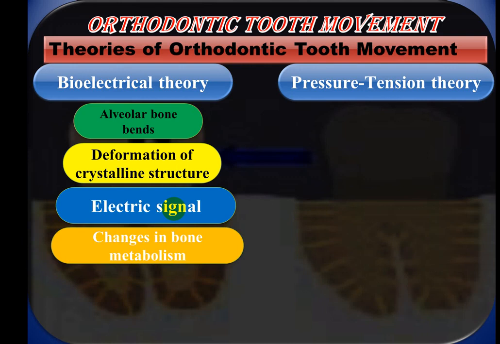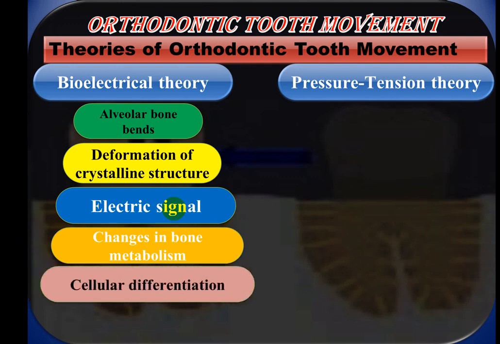After the changes in bone metabolism occur, there is a differentiation of the cellular elements present in the PD ligament space, as mentioned previously, which are undifferentiated mesenchymal cells. What will they be differentiated into?